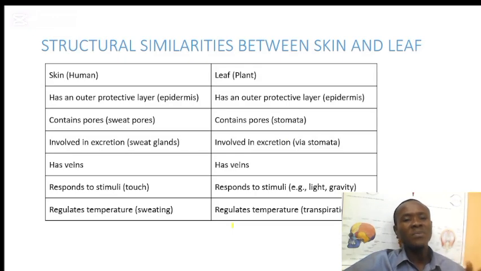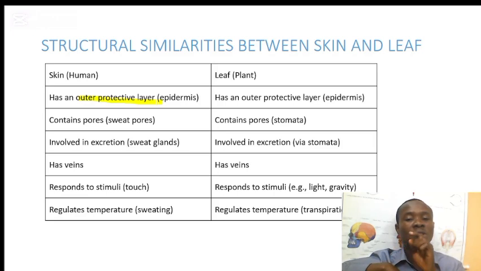Now let's talk about similarities between the skin and the leaf. This is a past question, so you have to focus on it and listen well because it might repeat. The skin has an outer protective layer which we call the epidermis. The skin is divided into two layers, in some textbooks into three.